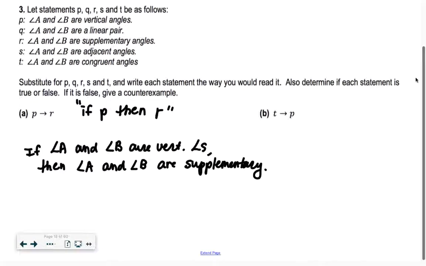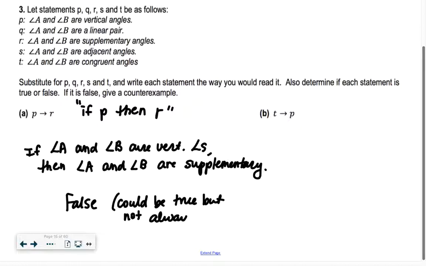Does that always happen? So if A and B are vertical angles, are A and B always supplementary? No. So would you call this a true statement? It could be true, but would you say it is always true? No. If it's not always true, then we write false. So we're going to say false. So if you want to write in parentheses, could be true, but not always. That's how we decide the validity of a statement.